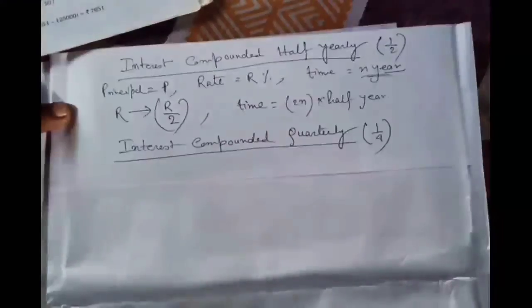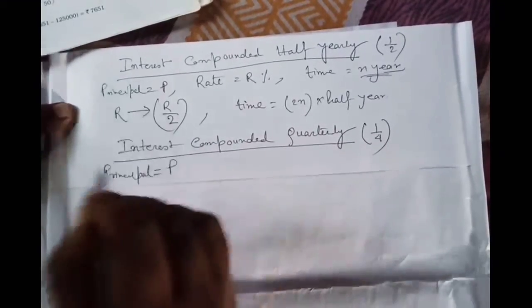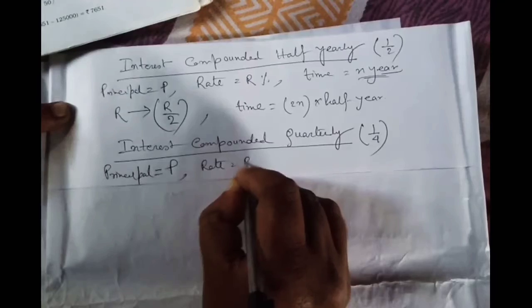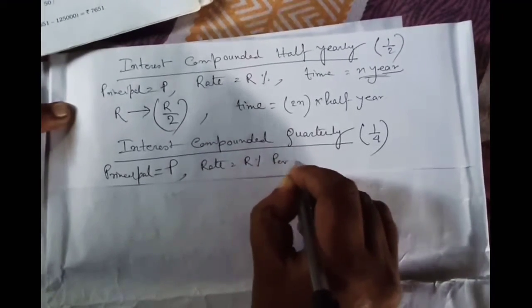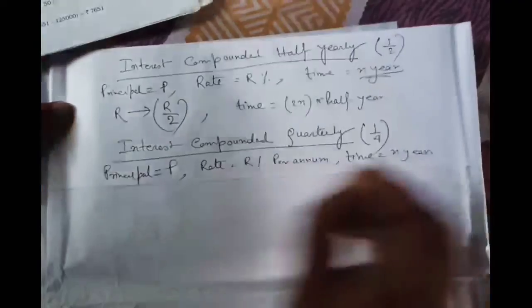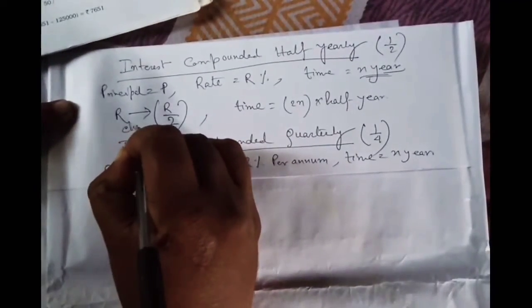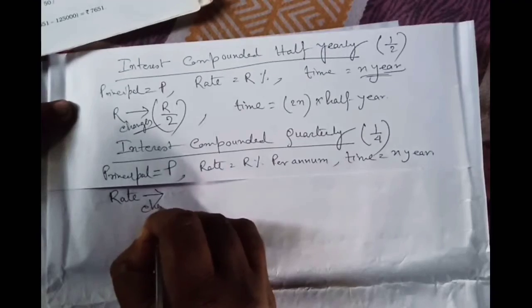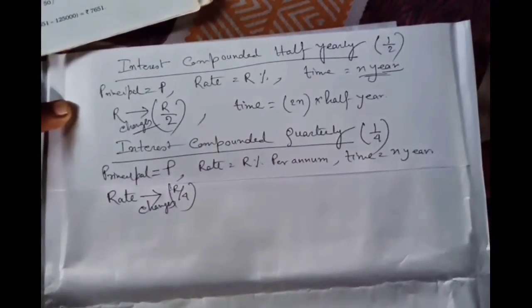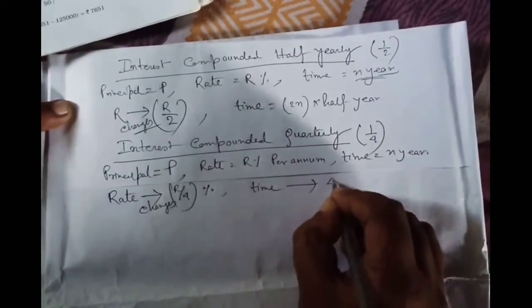So here the principal is P. If we take the rate as r% per annum and time as n years, then the rate changes to r by 4%, and time changes to 4n.